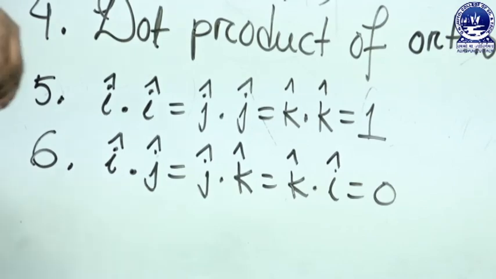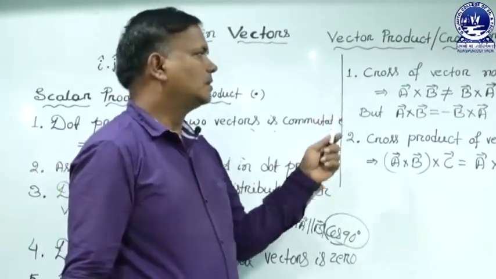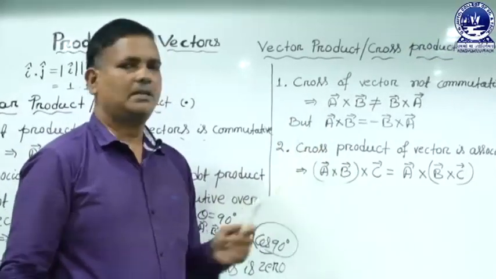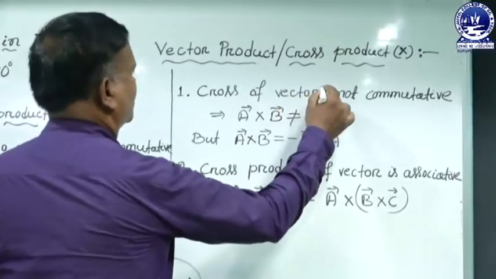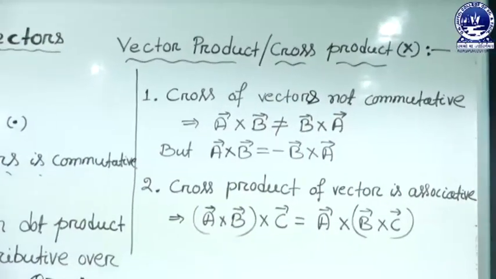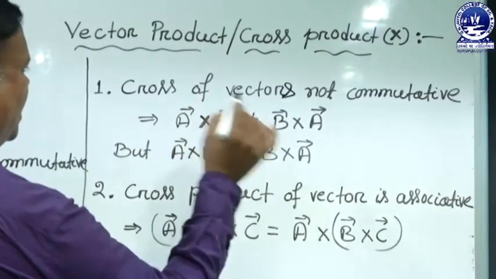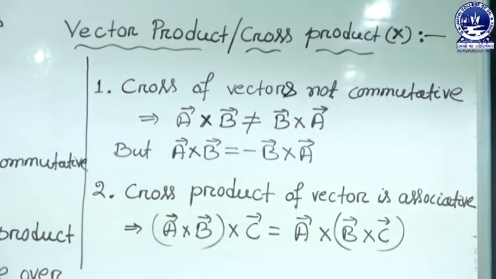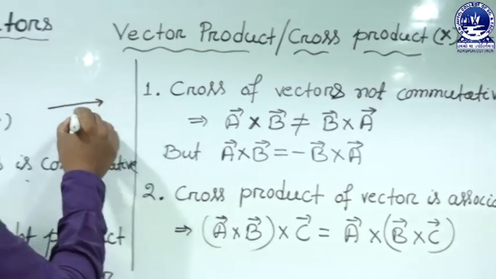Next, we discuss the properties of a vector product. The first one is that the cross product of vectors is not commutative. That is why A cross B is not equal to B cross A. Why is it so?